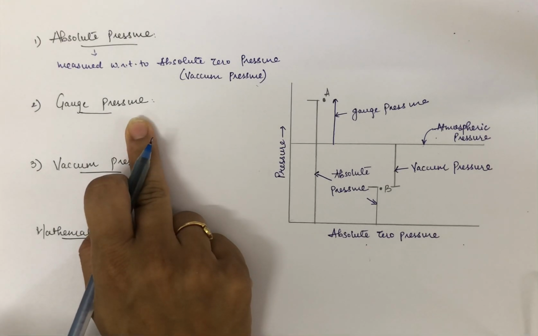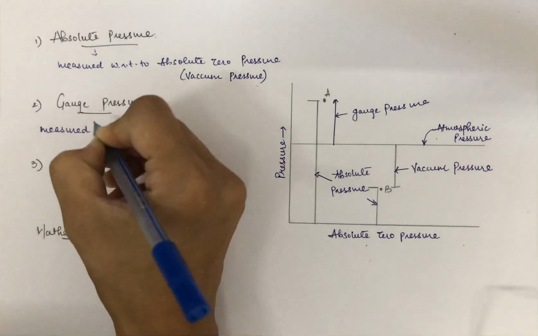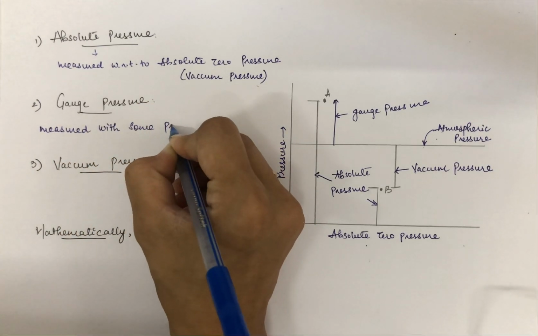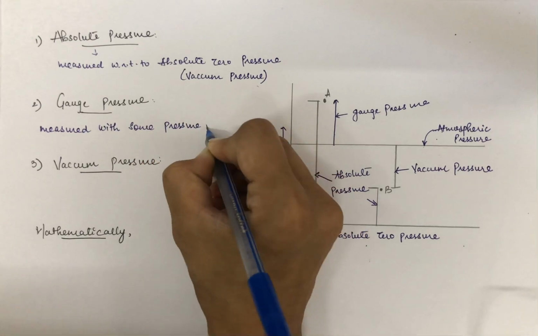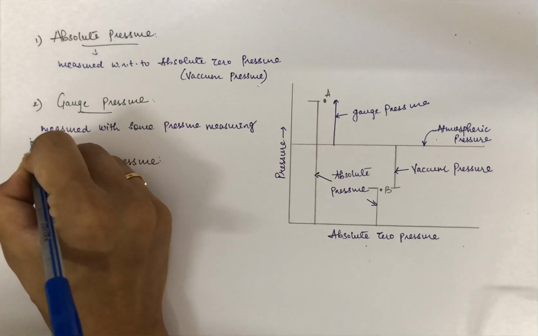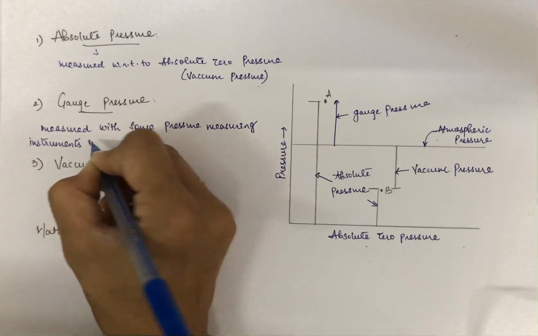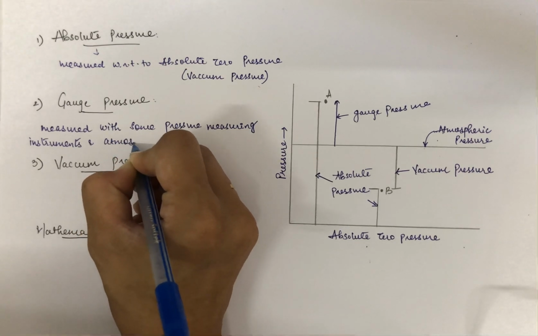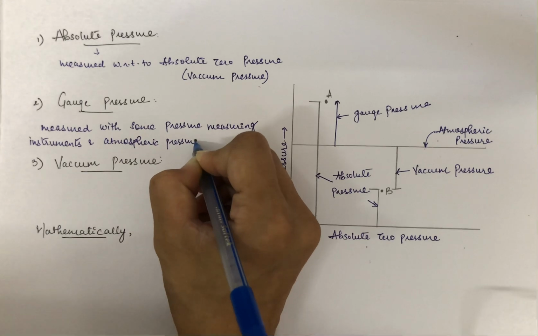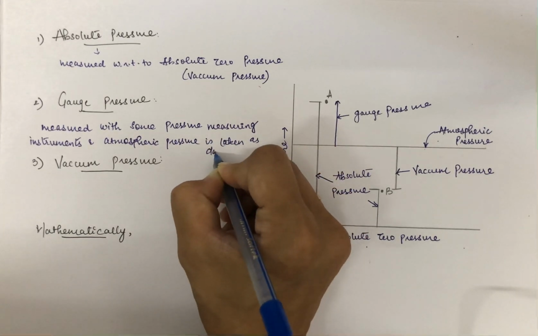Gauge pressure is measured with pressure measuring instruments, and atmospheric pressure is taken as datum.